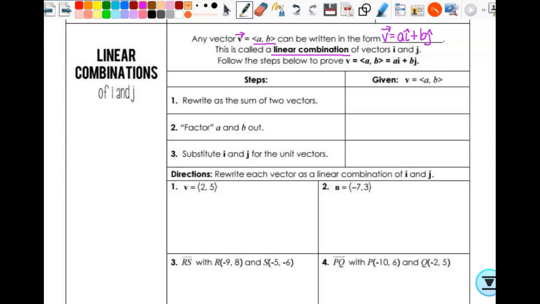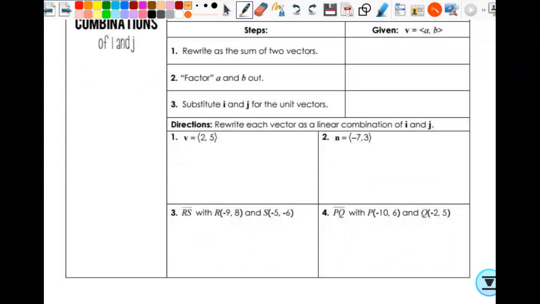So we're gonna do this right here to show why this is exactly the same thing, okay? So we're gonna rewrite <a, b> as a sum of two vectors. So I'm gonna say vector v is equal to <a, 0> plus <0, b>. So what you know about adding vectors, would you agree that if I add those two together, I get vector <a, b>, right? Okay. So now I'm going to factor a and b out of each one of these and make it a scalar.